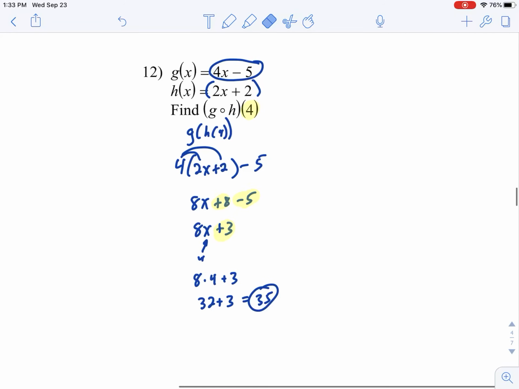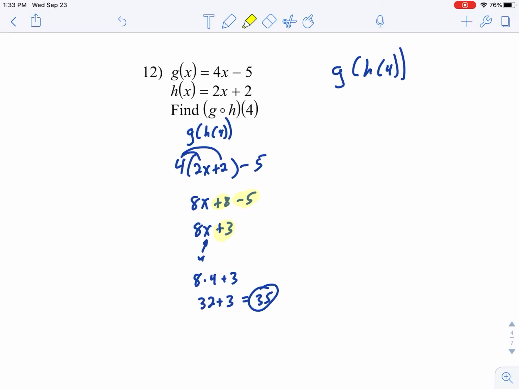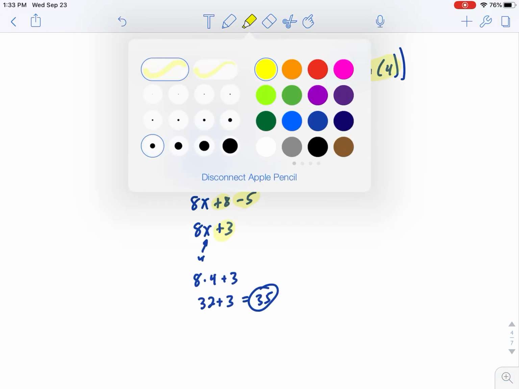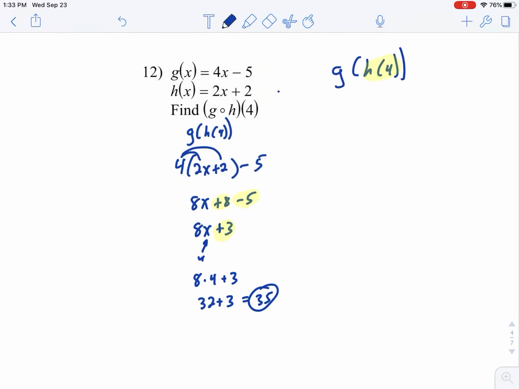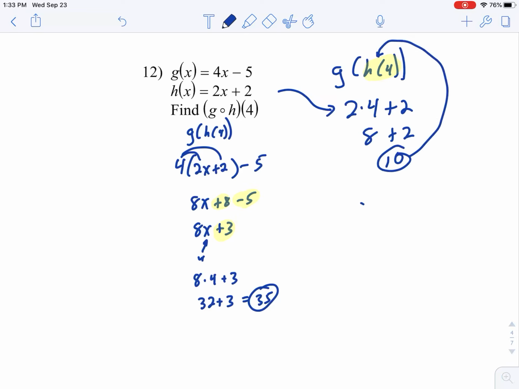What's the easy way? Well, I'm going to rewrite over here g of h of 4. So plug the 4 into the h first. Sorry about that. So this is 2 times 4 plus 2. That's 8 plus 2, which is 10. Now take this 10 and plug it into g.